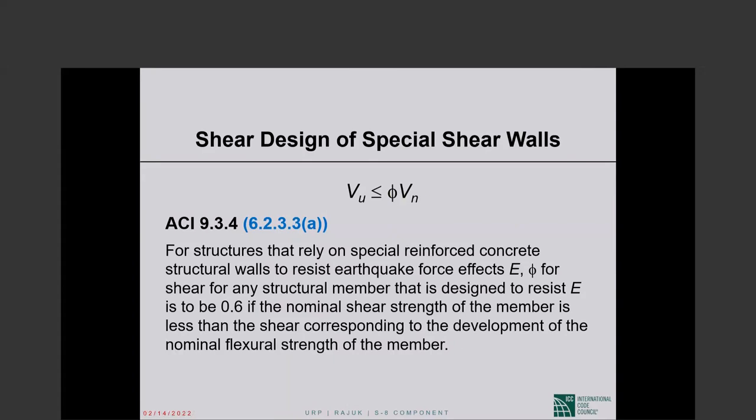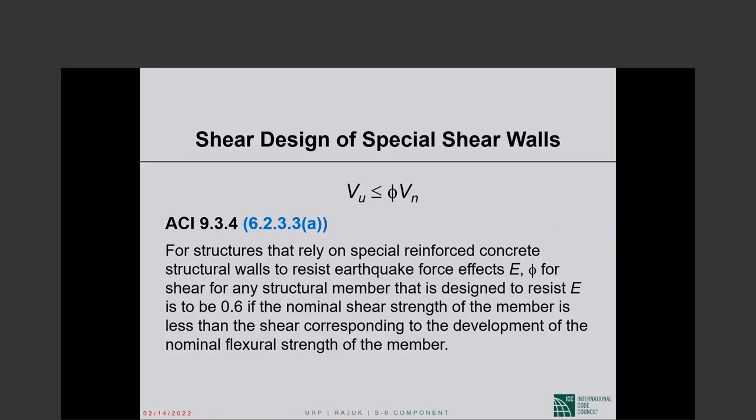ACI 318 says, and BNBC 2020 also says, if you are designing a shear wall that is likely to fail in shear before it has a chance to fail in flexure, I will repeat: if you are doing the shear design of a shear wall that is likely to fail in shear before it has a chance to fail in flexure, the phi factor for shear design shall be 0.6, not 0.75.